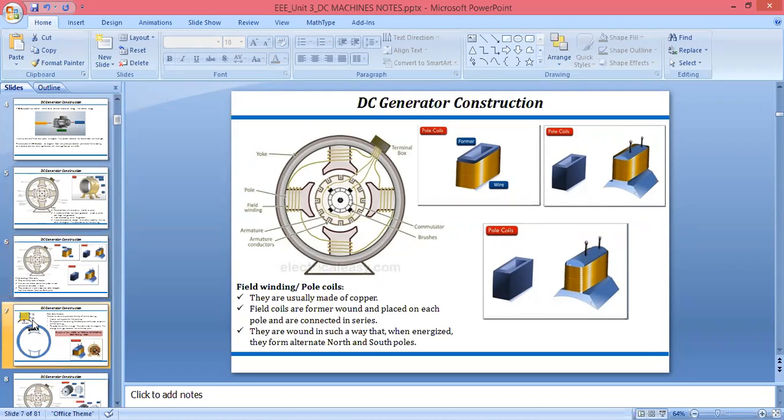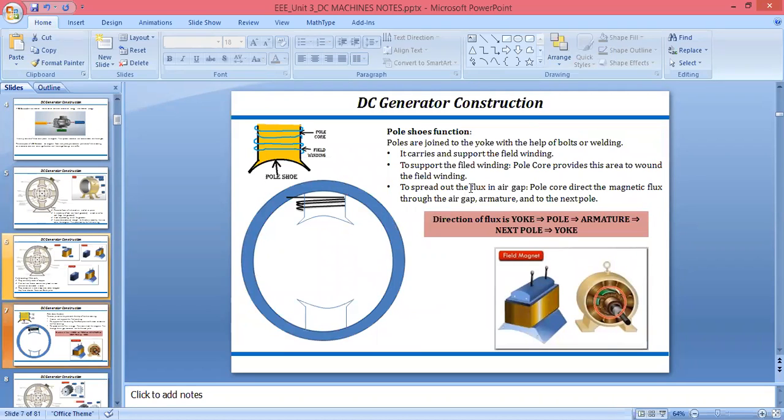Now if you see about the function of pole, what we are doing here, when we want to make a DC machine, we are using 4 poles, and on those poles we are giving winding. So pole shoe functions: poles are joined to the yoke with the help of welding.